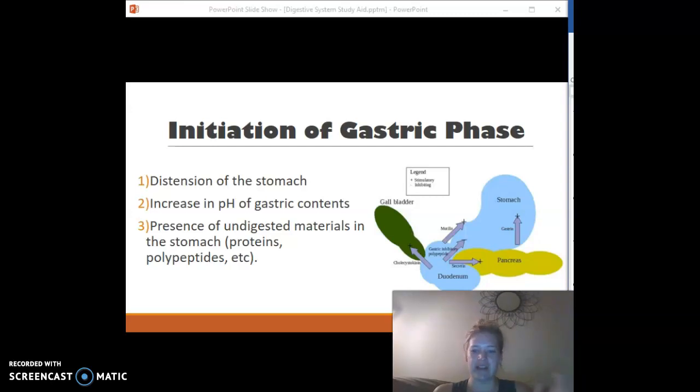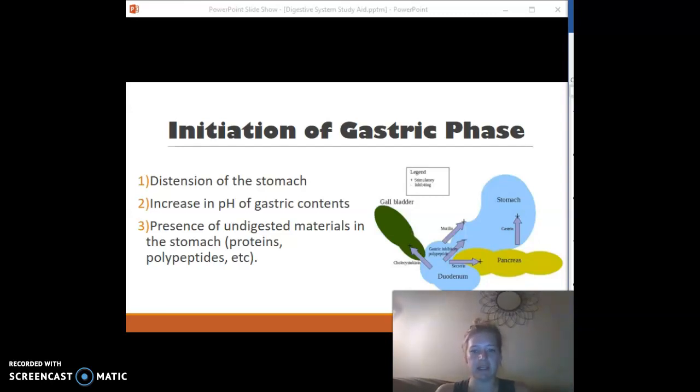And then third, the newly arrived chyme also stimulates the enteroendocrine cells of the intestine to release compounds that can stimulate some accessory organs like the pancreas and the gallbladder. But they can also suppress gastric secretion and motility, which allows the duodenum to process the chyme before it receives more stomach contents.